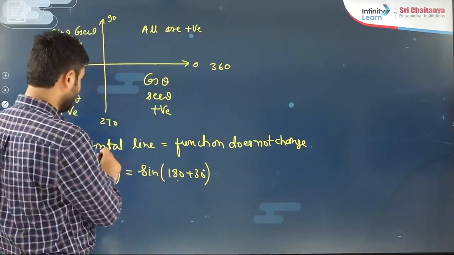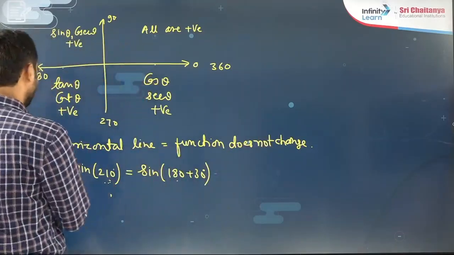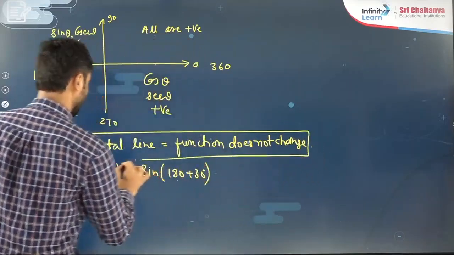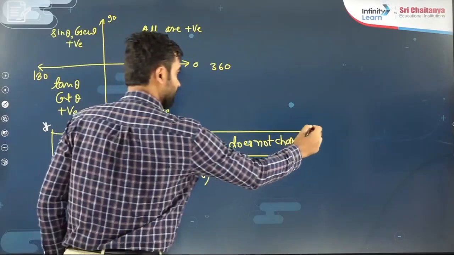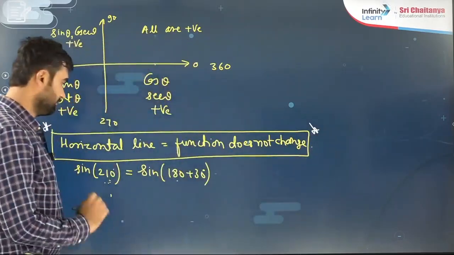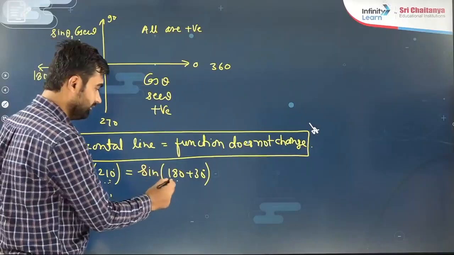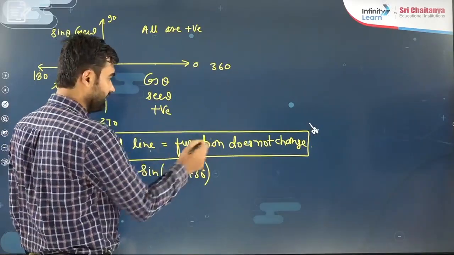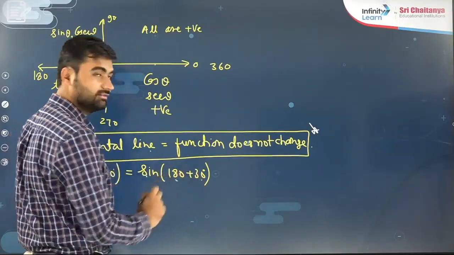Now if we are using the horizontal line, then the function does not change. This point is very, very important. Okay. Next, what to do? So what I said, 180 means horizontal line, and if there is a horizontal line, then the function does not change, meaning sin will remain sin.